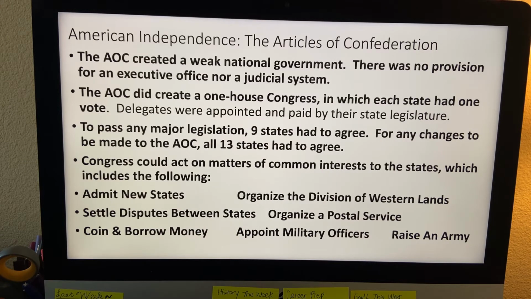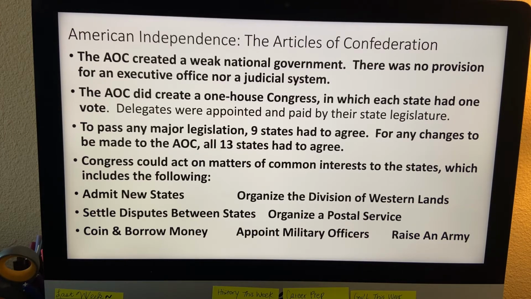So, the biggest thing that you need to know about the AOC is that it created a very weak national government. There was no provision for an executive office or a judicial system, and we're going to talk about why that's bad in a bit. It did create a Congress, which is good, but it only had one house, and each state only has one vote, which sounds good, right?